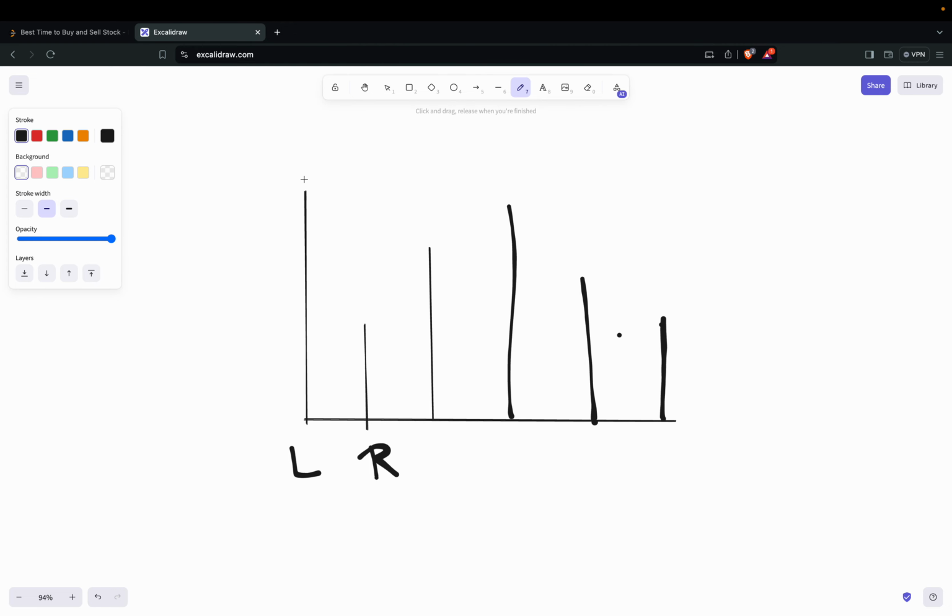Why? Because our first element is 7 and the next is let's say 2. So 2 is smaller than the 7, which means the next day there was a price drop, right? So we can make a maximum profit over this or this. Let's say suppose this value was something like 10.